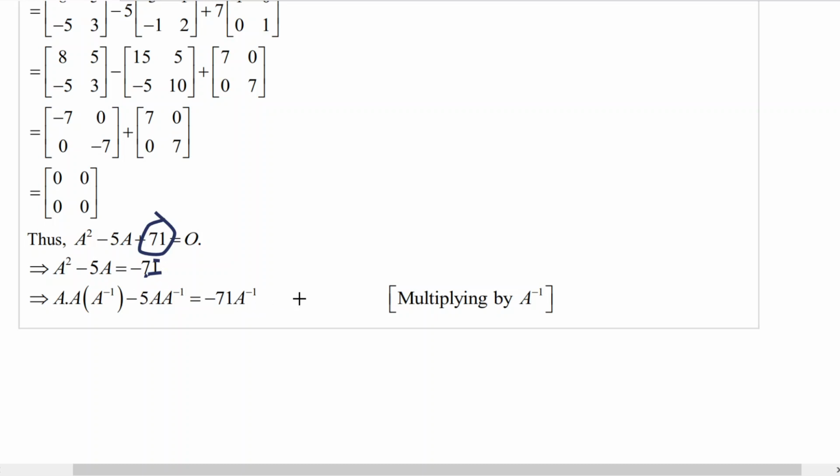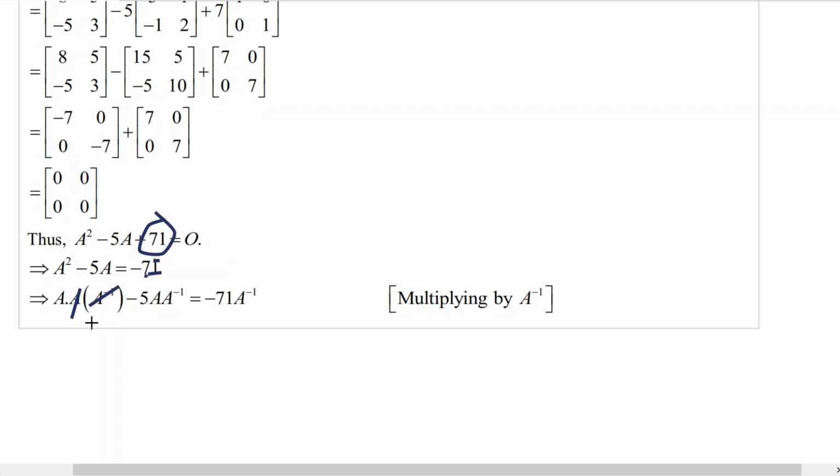So what will this A inverse do? A square means there are two A's. So this A inverse will cancel this A. Saying this is actually not correct, because there is no such thing as cancelling in matrices, but yes, we can say A and A inverse will cancel each other. Actually, A into A inverse is what you already know.